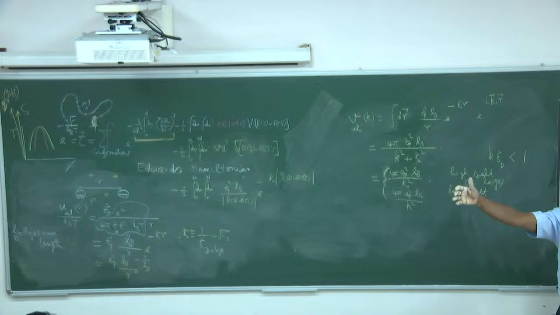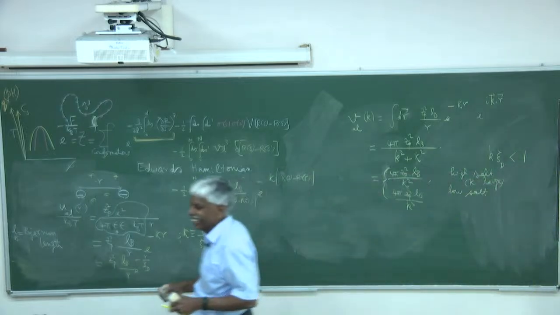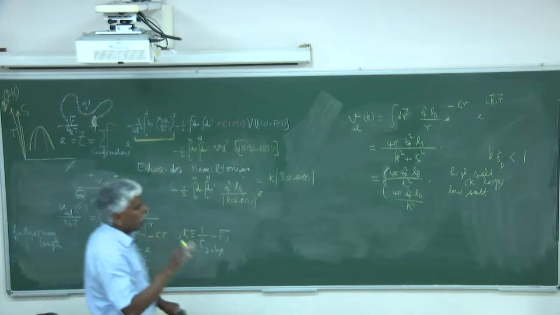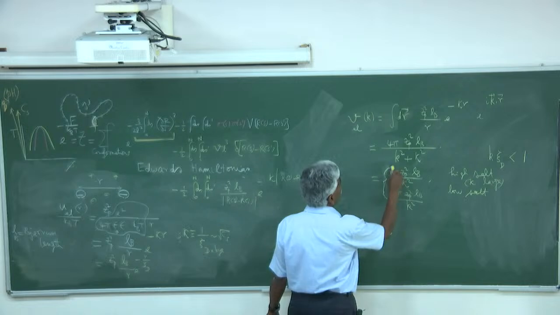But now let us look at the consequence of this. Suppose this is a constant for all r. There is no r here. What is the Fourier transform of this, V E L R, a constant? The Fourier transform of a constant is a delta function.